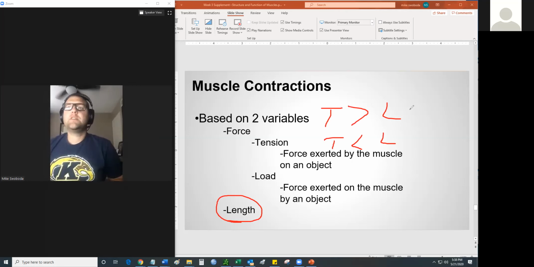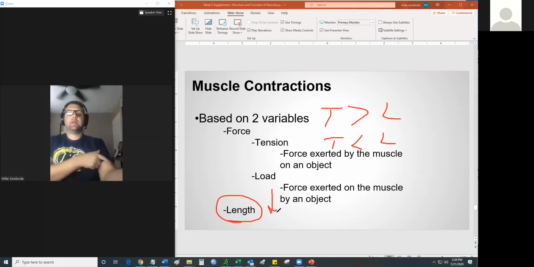So if my tension is greater than my load, my length decreases. So that means that the tension in my muscle, the force my muscle is exerting on my load, is greater than the amount of force the load's exerting on me. When I do that, my muscle contracts, the length of my muscle fibers get shorter.